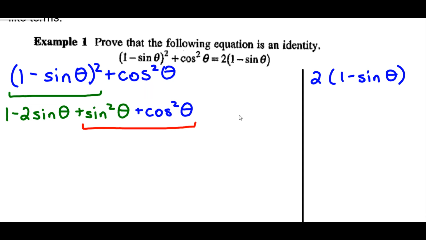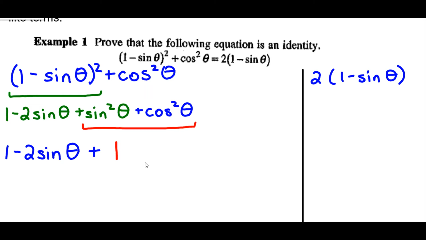That's helping me out because I know that's one of my Pythagorean identities, and I know that sine squared theta plus cosine squared theta is equal to 1. So this 1 minus 2 sine theta is going to stay the same, and instead of sine squared theta plus cosine squared theta, I'm going to write what it's equal to, which is just 1.